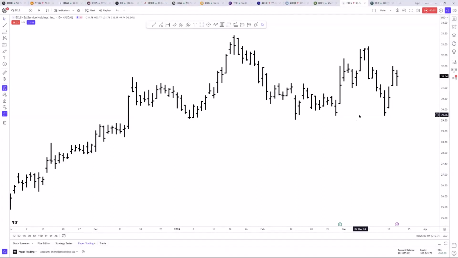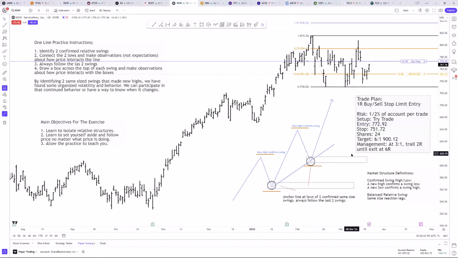All right, welcome back. We're going to set up another trade plan, part of our exercise for 30 trades, this time in EXLS. And I thought I'd follow up on the prior post where I introduced a trend line exercise, where we're looking for two same size reaction legs after two new highs.